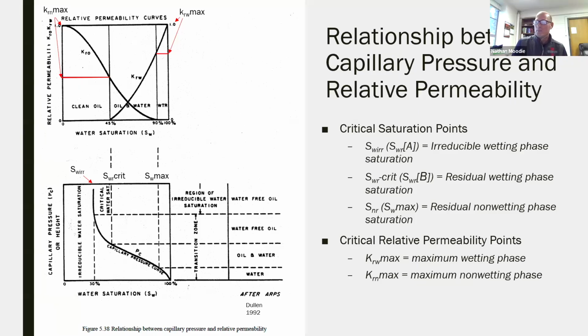But there were many times when I had basically no data except maybe a capillary pressure curve, and you're asked to run some extensive fluid flow simulation and give the team an answer on storage capacity and size of the plume. Your relative perm curve makes a huge difference on that answer. So that's really what pushed me to come up with this. How do we deal with almost no data?